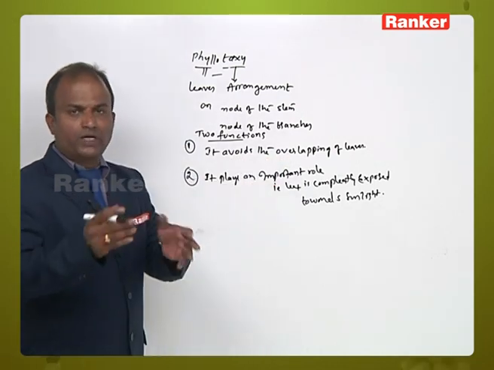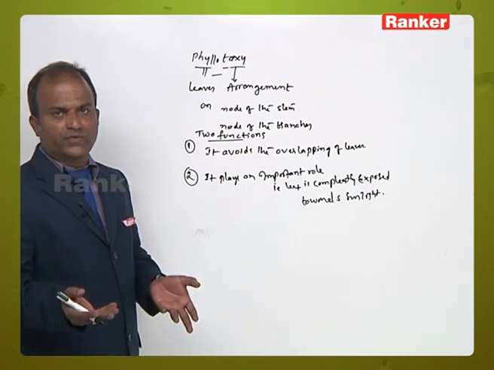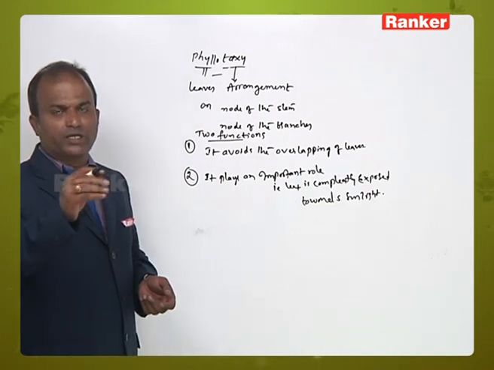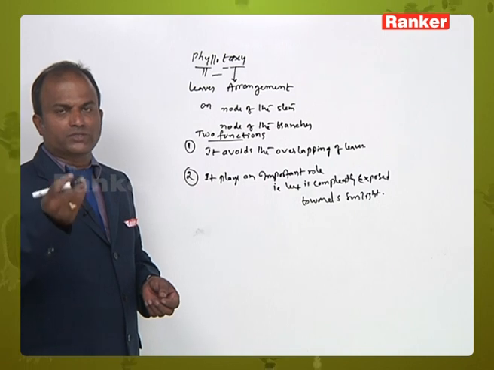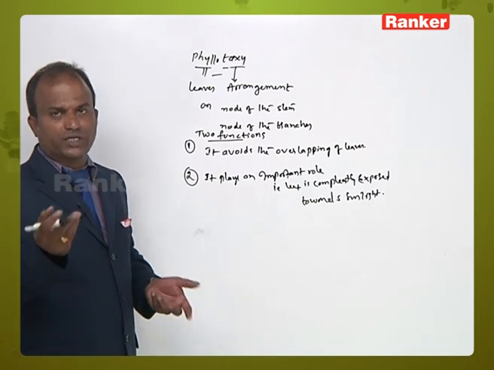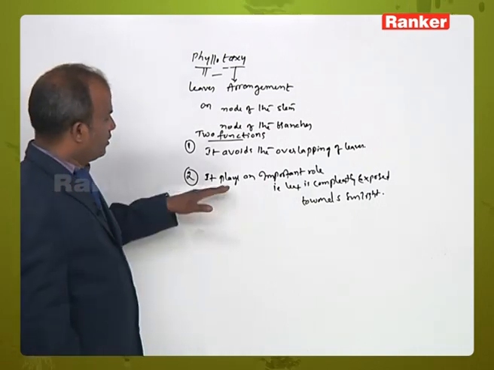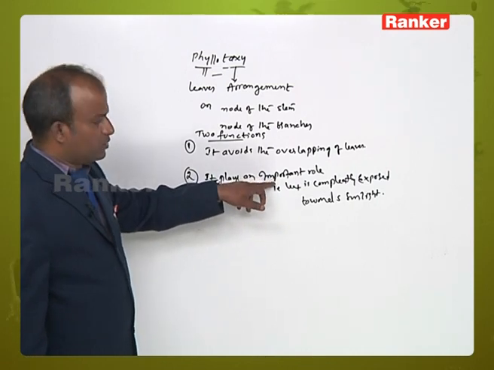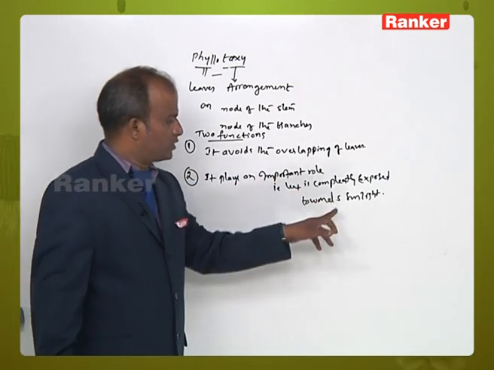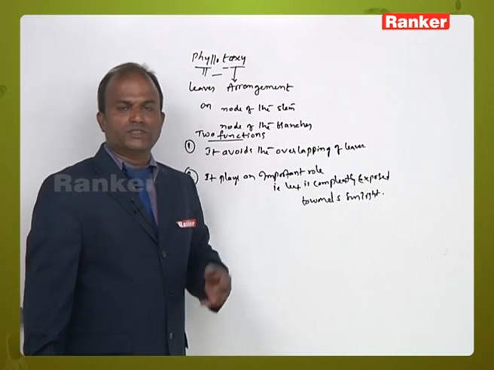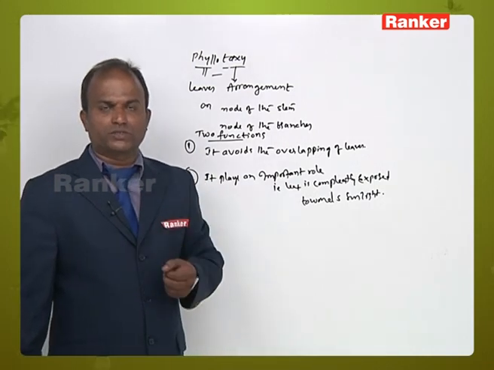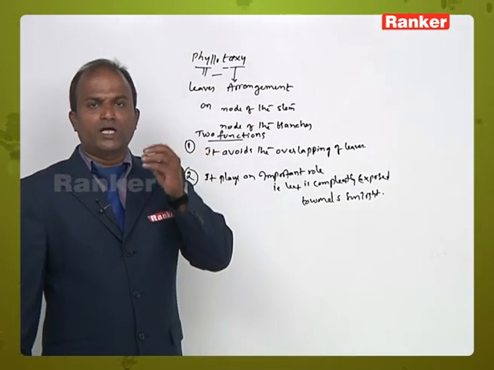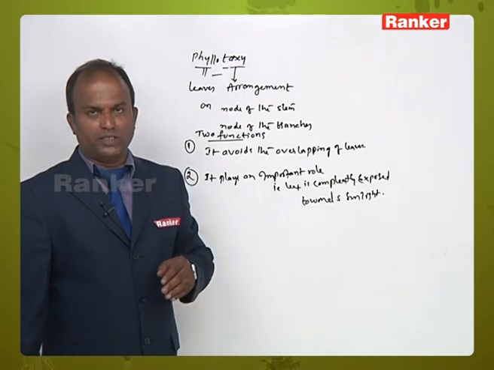If overlapping of leaves occurs, the leaf does not receive a sufficient amount of sunlight. It cannot perform 100% photosynthesis, due to which 100% of food material is not produced. That's why it plays an important role: the leaf is completely exposed towards sunlight, so it can perform 100% photosynthesis and prepare 100% of food materials.